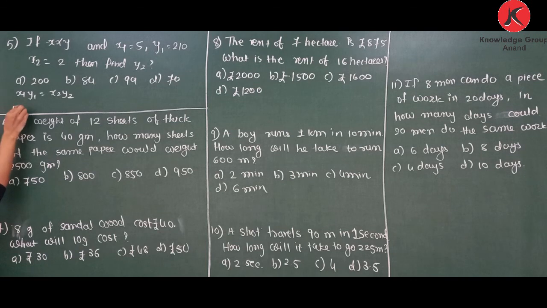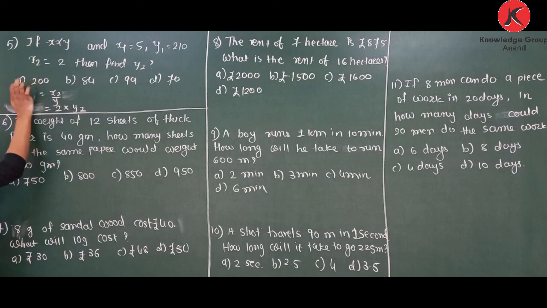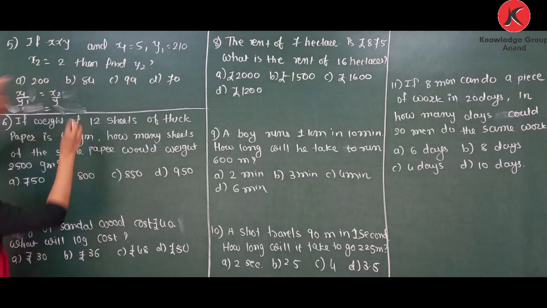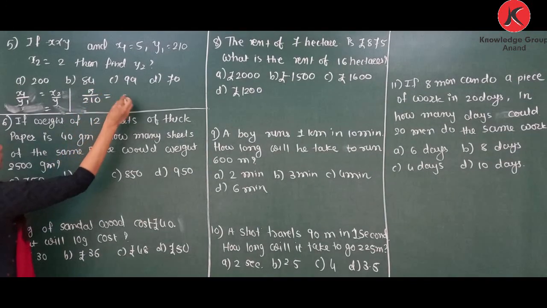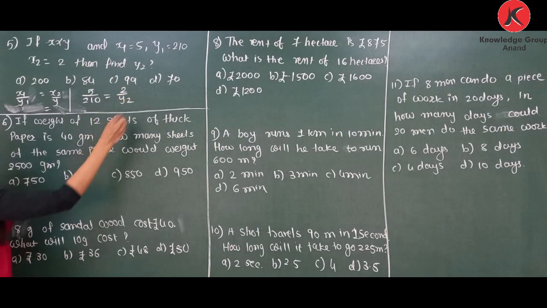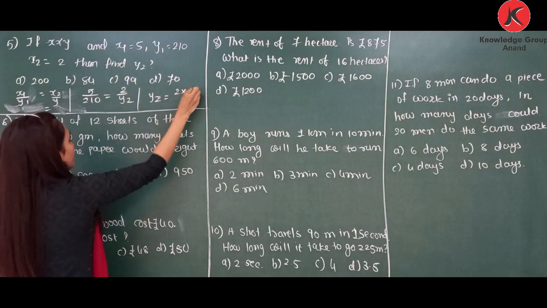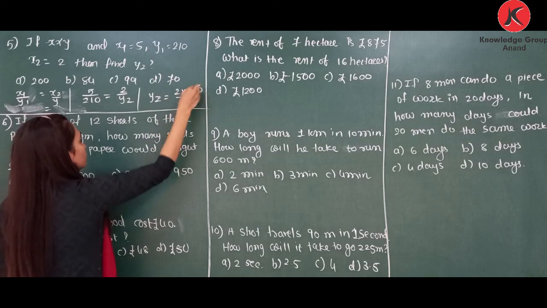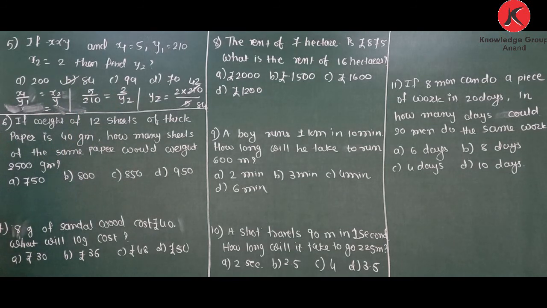So that is 5 by 210 is equal to 2 by y2. So y2 will be 2 multiplied by 210 divided by 5. So it is 84. So that is the option B.